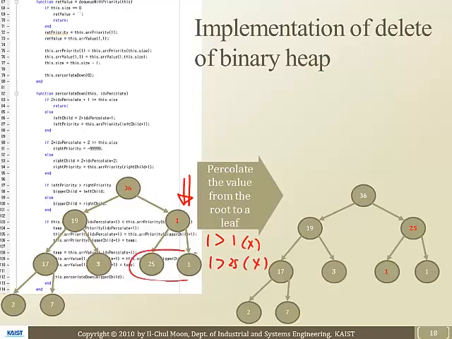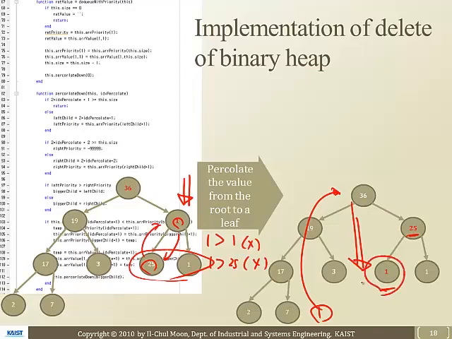And the bigger value is 25 actually. So we need to exchange this 1 with 25, and then 1 is located here and 25 is now located here. Now it's a complete tree as well as keeping the heap property. So this 1 was brought from the last position to the root and percolated down to this location, right? So that's the delete operation of the binary heap.